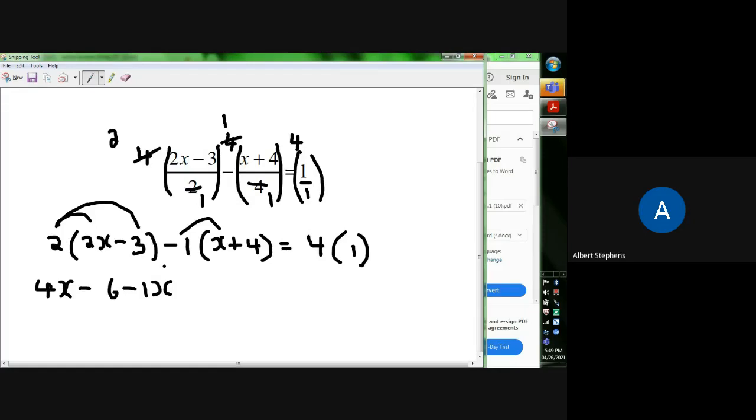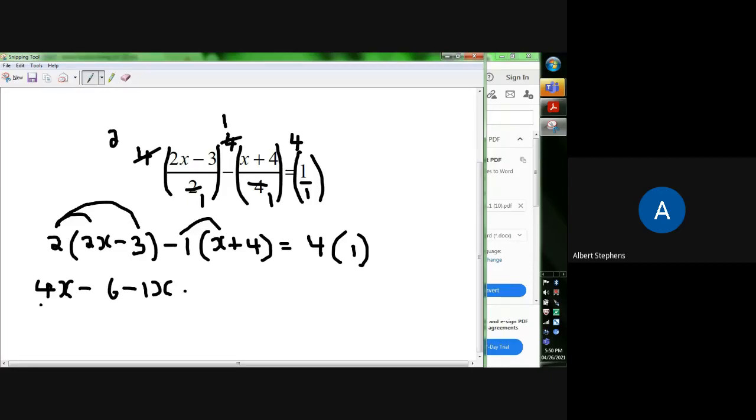Very good. In other words, don't say you drop down this sign and put it right there. Don't do that. The reason why we got a negative here is because we use the rules of multiplication. A positive and a positive give you a positive. A positive and a negative gives you a negative. A negative and a positive gives you a negative.